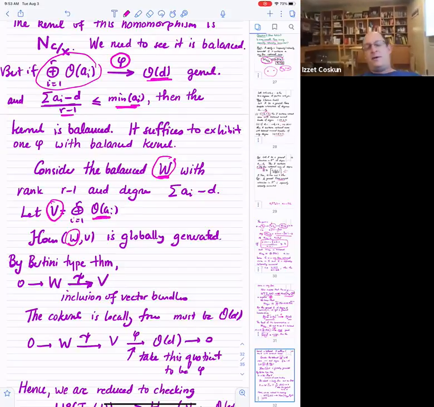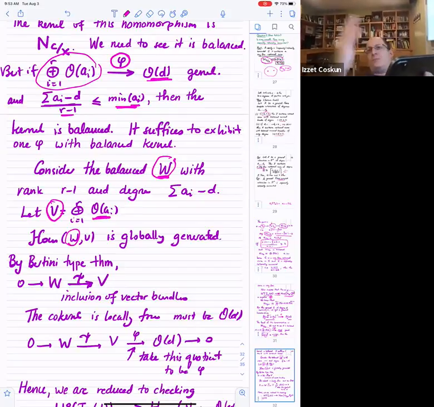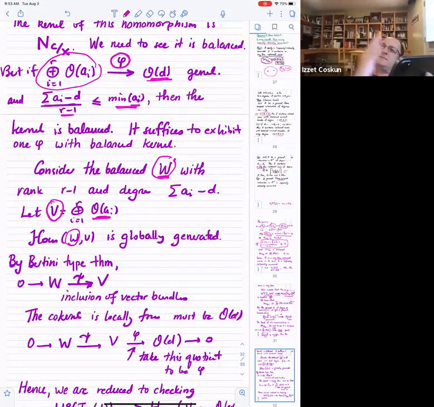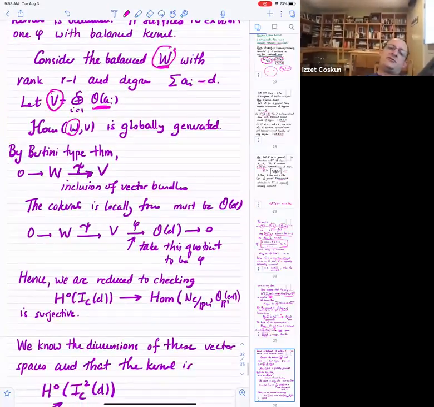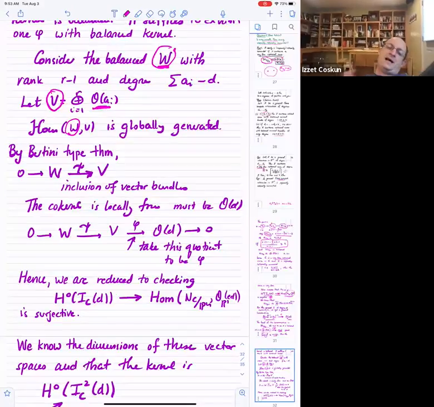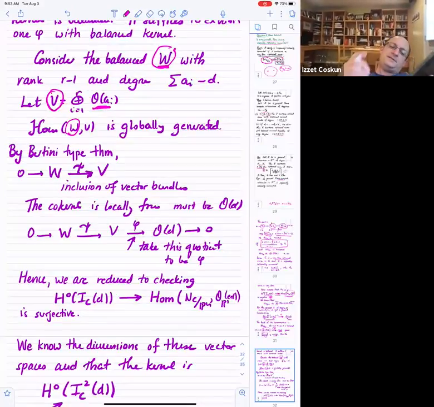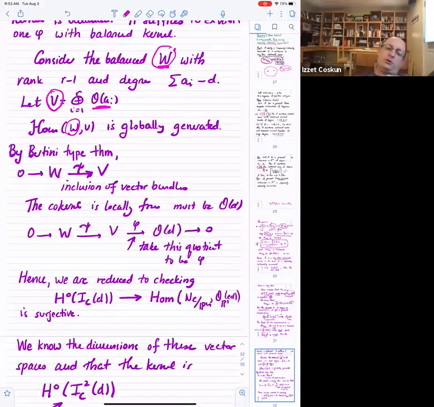Then if the homomorphisms between two bundles is globally generated, then for the general homomorphism, you can ask when the map drops rank.